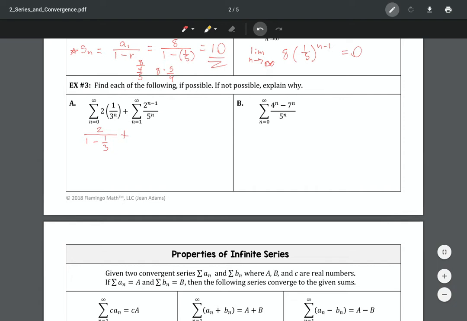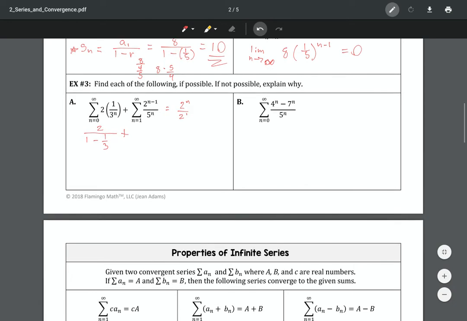Now this one, it's kind of hard to see that this is a geometric sum, but it is. I could rewrite this as 2n over 2. Think about it: 2n over 2 would be the same thing as 2 to the power of n minus 1 by those rules of exponents. When I divide, I can subtract the exponents.